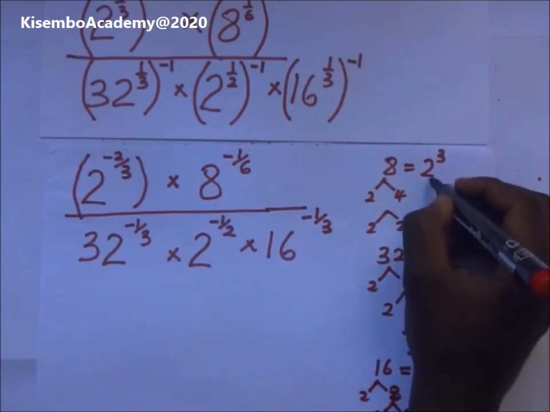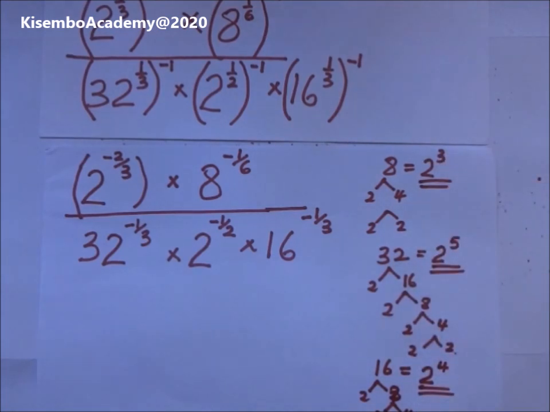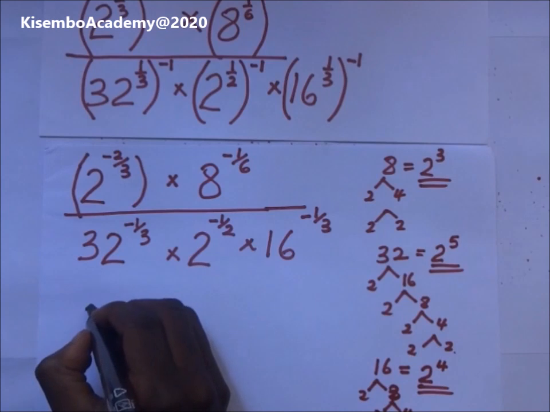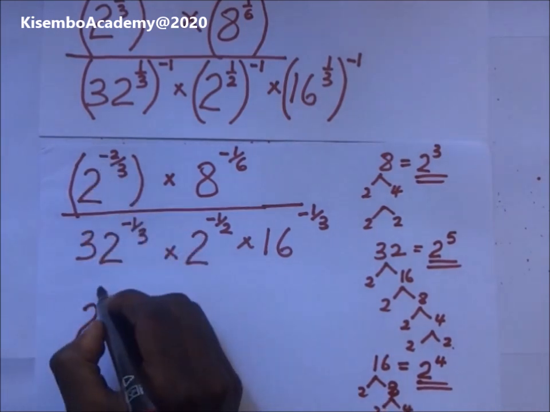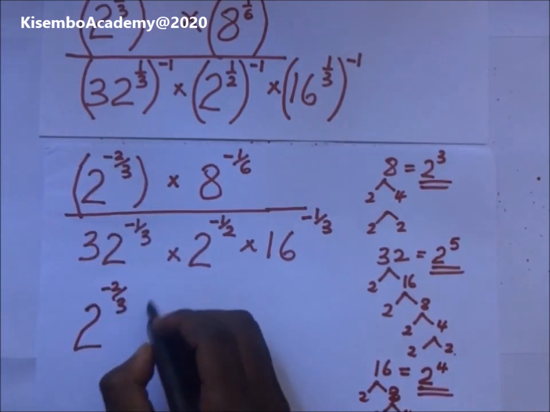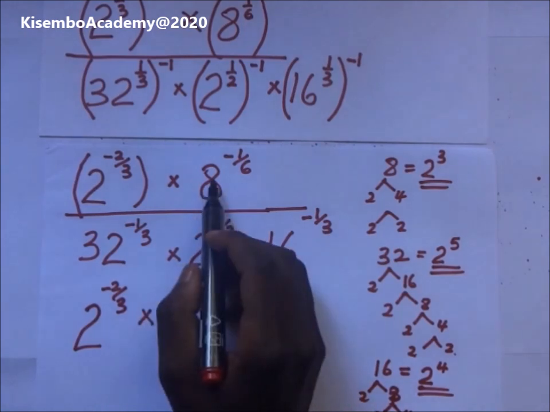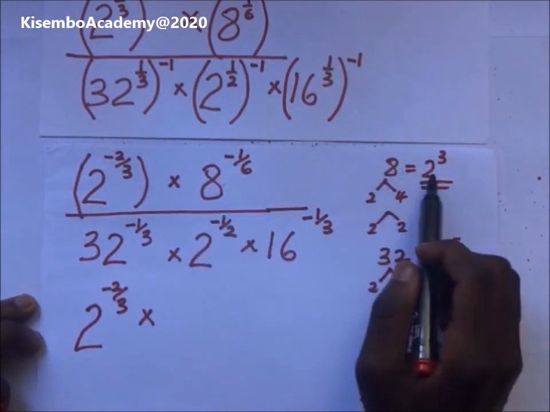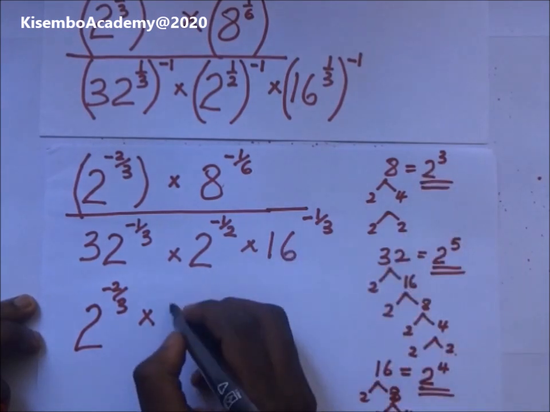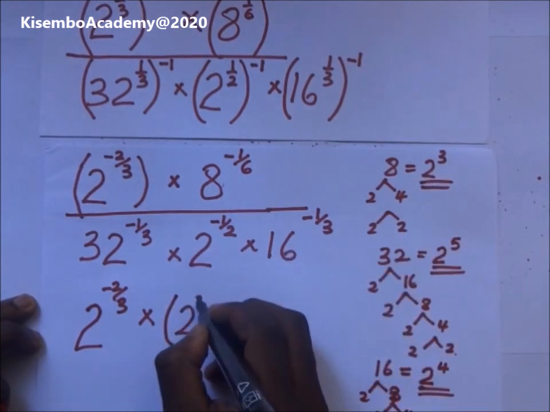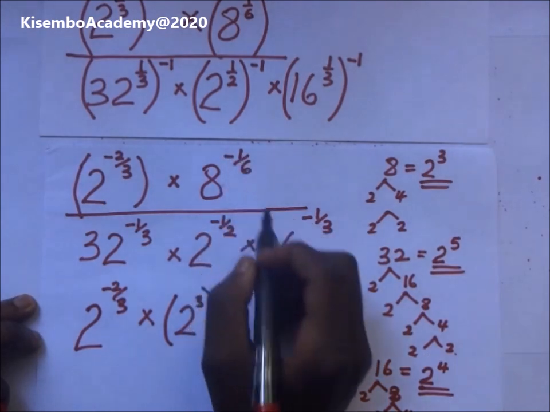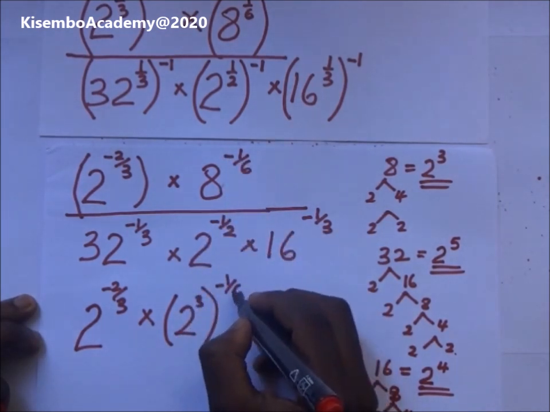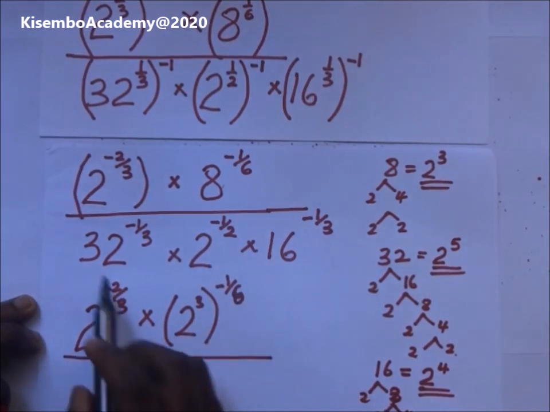So we are going to replace these numbers with these. If you look at this, this is going to become 2 to the power negative 2 thirds. Multiply that by 8 to the power negative 1 over 6. Now this 8 is being converted to 2 to the power 3. So it is going to be 2 to the power 3, to the power negative 1 over 6. Divide all that by 32.